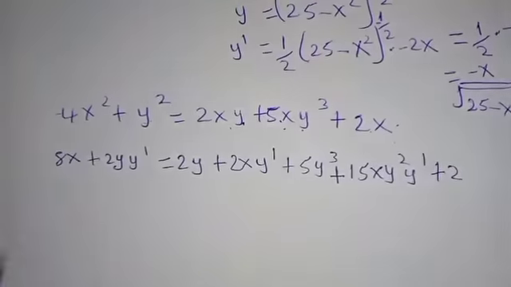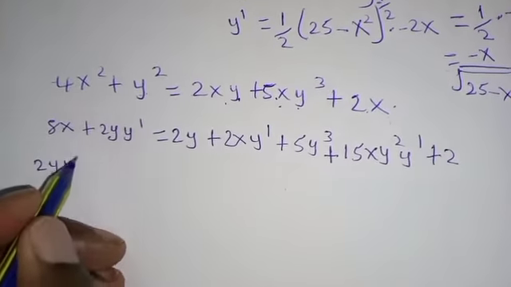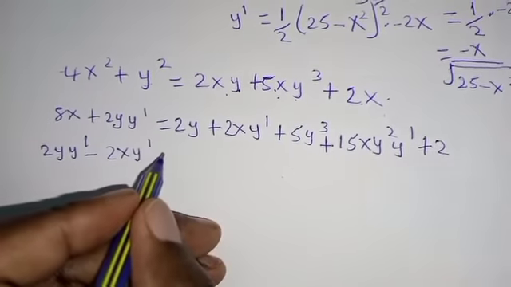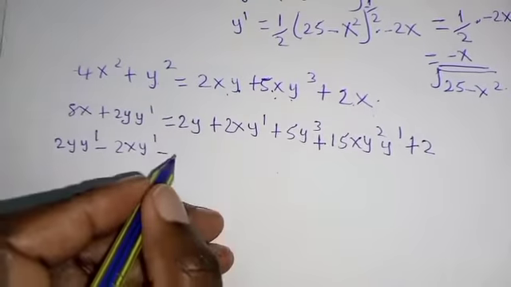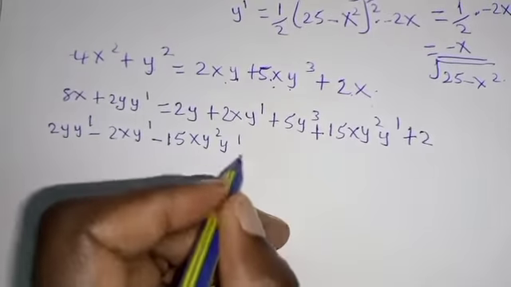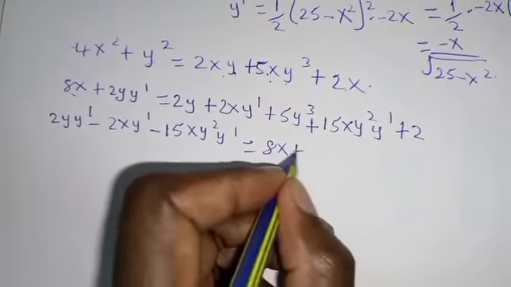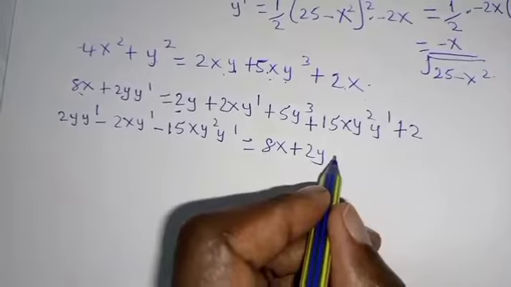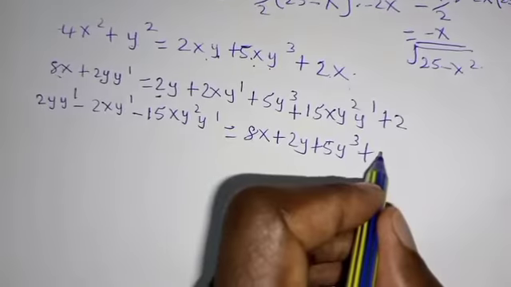So what we do at this level, you group the terms with y prime. So we are going to have 2y prime minus this one, 2x y prime, minus this other one, 15x y squared y prime, which is equal to, we take this 8 to the other side, 8x plus 2y, this one, this 2y plus 5y cubic plus 2.